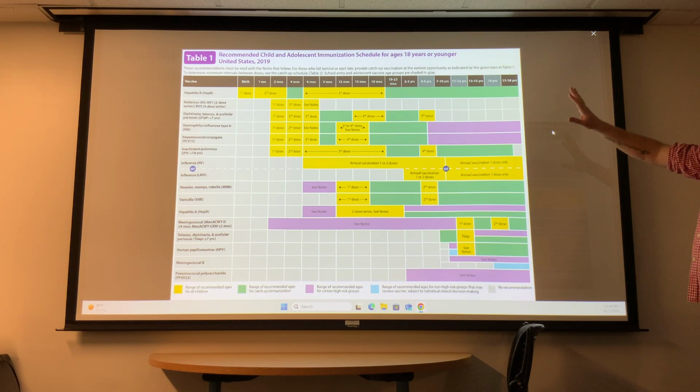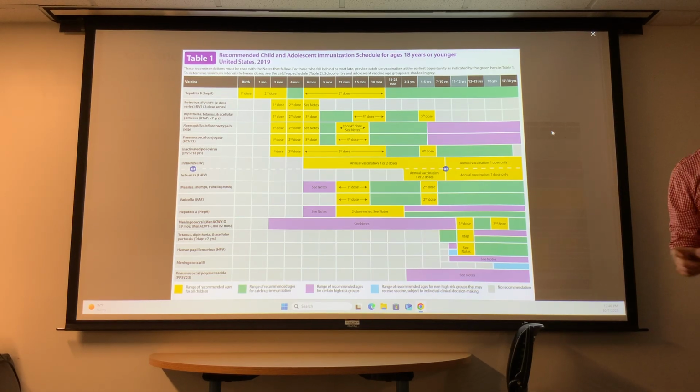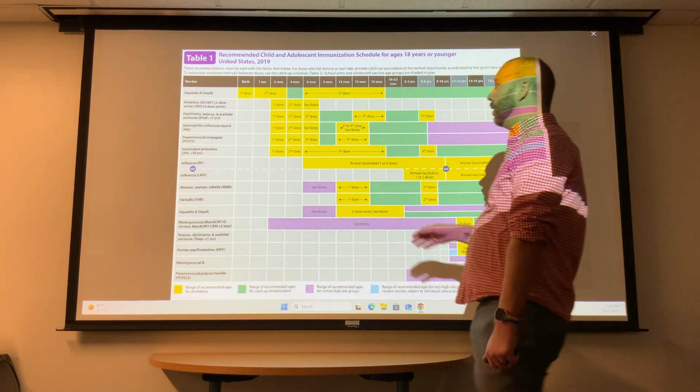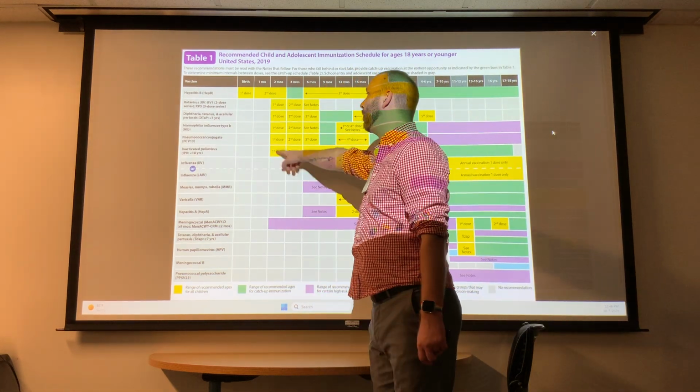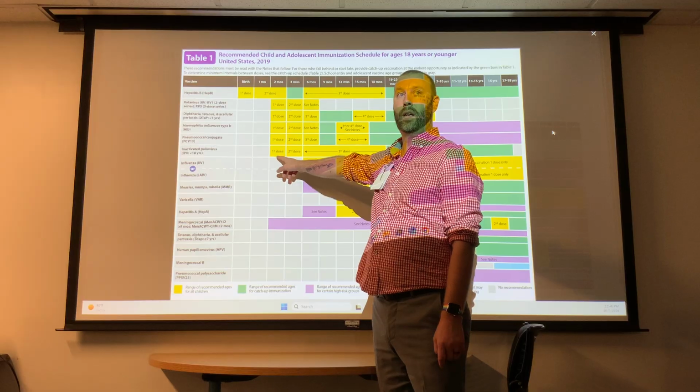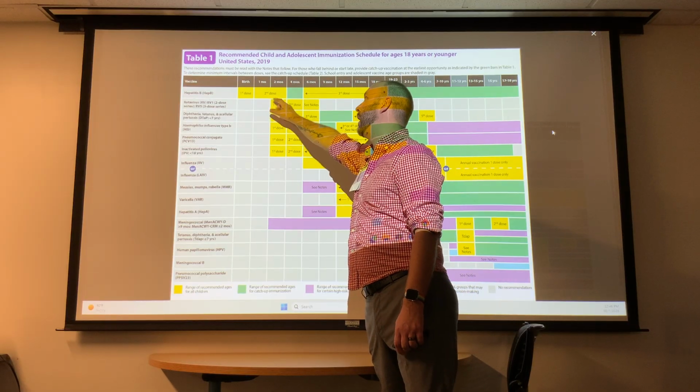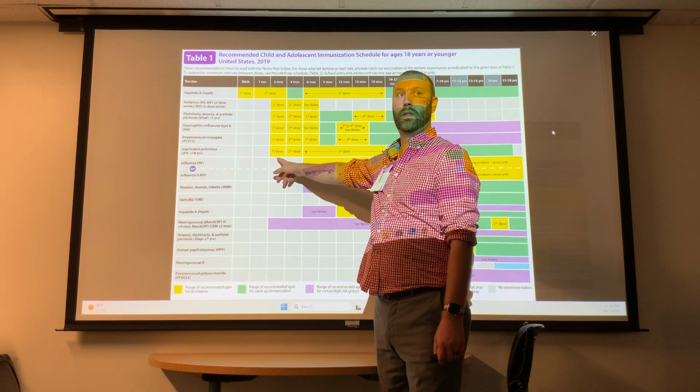So for this, you just need to know what's in yellow, okay? And for the ones that have dose ranges, you're going to combine it with other ones in the same column. Like your Hep B second dose, there's a whole bunch of other ones at 2 months, right? So you're going to include that Hep B with all of the other ones at 2 months.